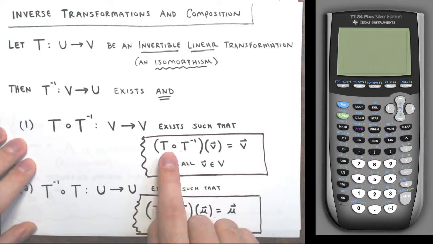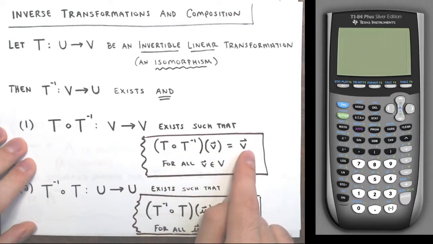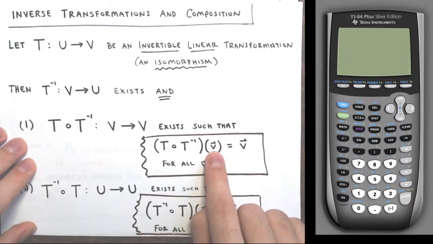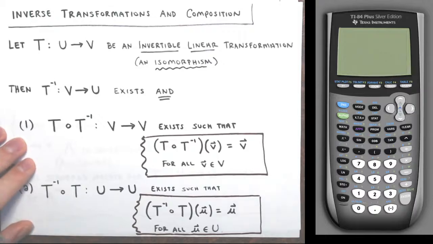So T composed with T inverse of v would be equal to v for all v in V. Every vector in V under this transformation would just map to itself. Again, they call this the identity transformation over vector space V.